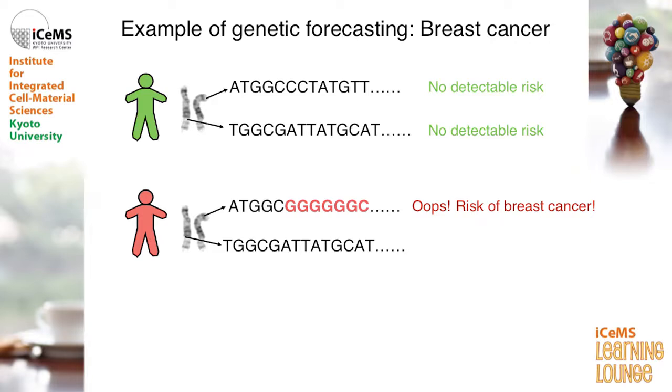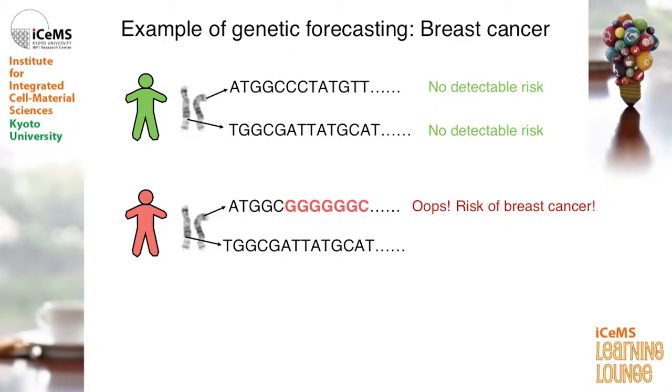The molecular mechanisms of breast cancer have been quite well studied so far, so we know which genes are associated with it. So if you had an alteration in your DNA, then you know that you have a pretty good chance of getting breast cancer in the future.